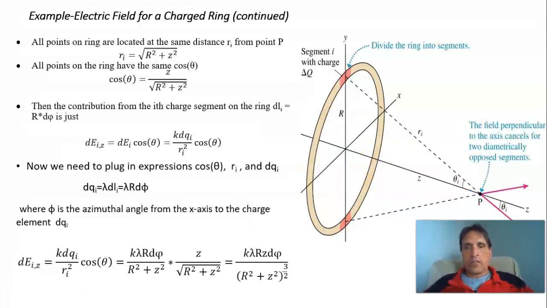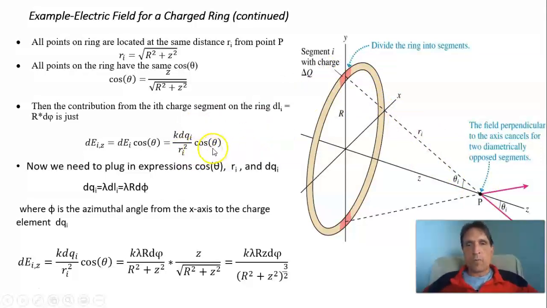So we go back to our equation here. Remember, dE, the field due to element i, is equal to K times dqi, the little element of charge, divided by the square of this distance ri from point P to this element of charge.